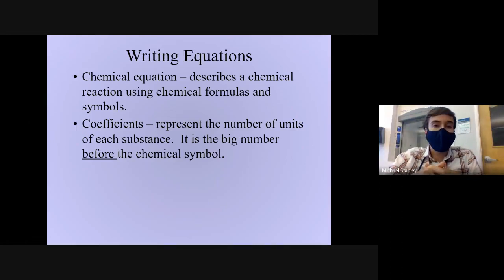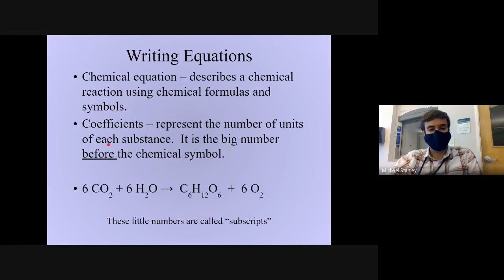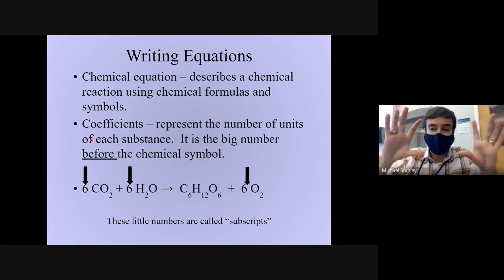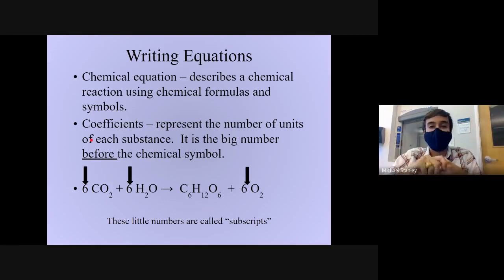So besides the actual chemical symbols that are in there, there are two different types of numbers that we can see. The first number, the most important number that we're going to talk about today, if you forget everything else about the notes that we're doing today, remember coefficients.